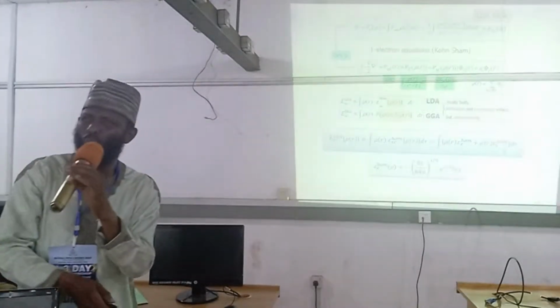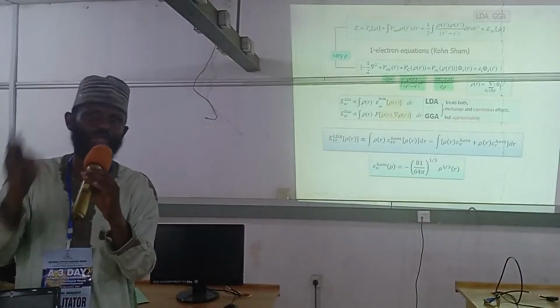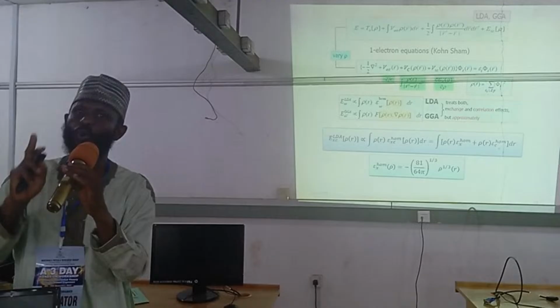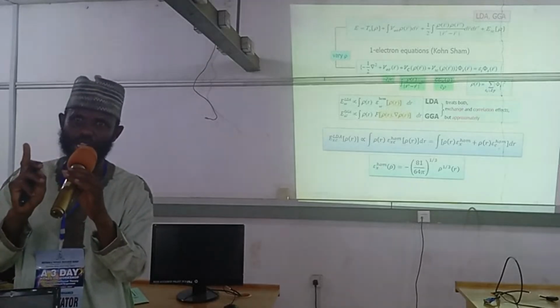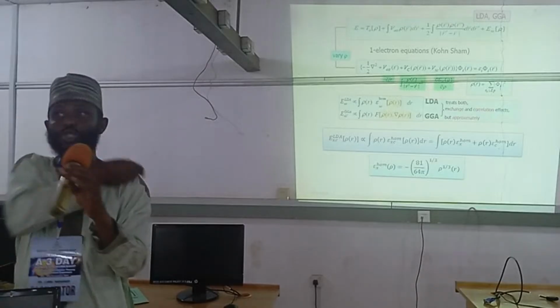This is actually where the difficulty of computational materials science lies. Trying to understand which functional you are going to use is very difficult. Sometimes you cannot even use these.